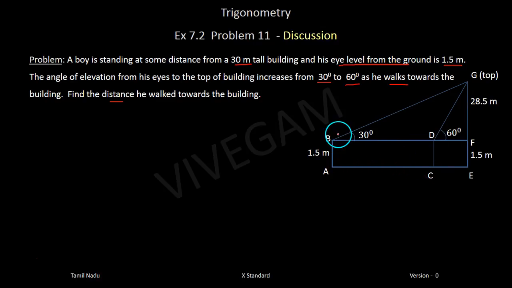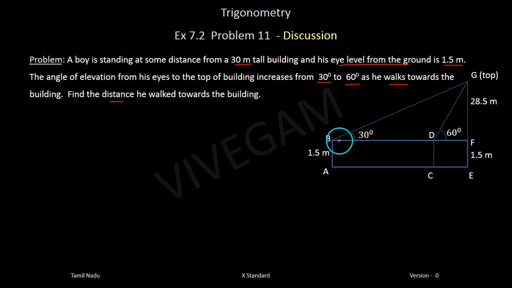Okay, and we know this is 1.5 meters, so this is also 1.5 meters. The total height is 30 meters. So if you take away 1.5 meters, you will get this as 28.5 meters. So we need to calculate this, and we need to calculate this, and you subtract this from this whole, you will get the distance he has moved.